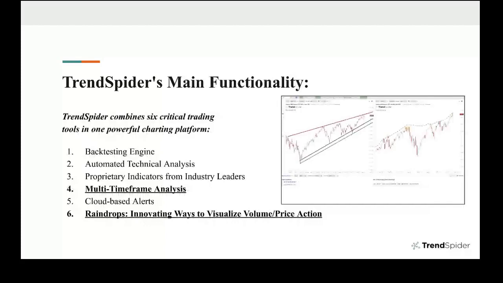Some of the main functionality we have on the platform: backtesting, automated technical analysis to complement what you're doing by hand, proprietary indicators such as the anchored VWAP from Alpha Trends, and multi-timeframe analysis, which we'll be focusing on a lot today.